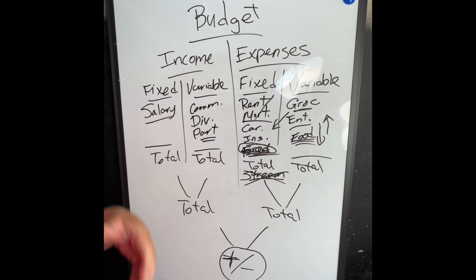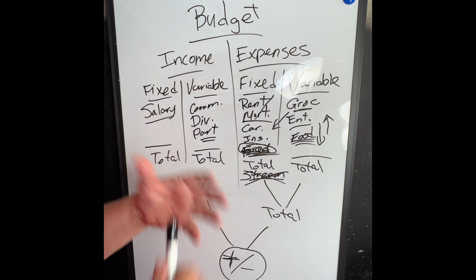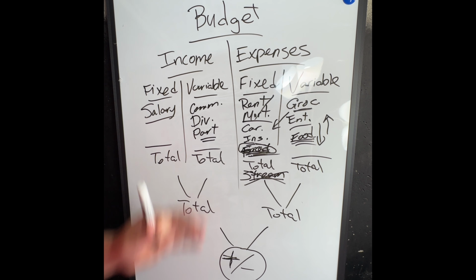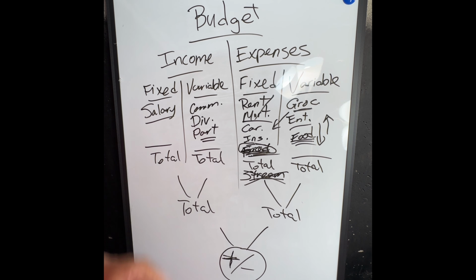So if you have streaming and you have different apps on your phone that you're not using, you want to get rid of those things, and they're not going to change how you're living your life because you're not using them anyway. That is an important aspect of budgeting, and it's super easy to do. And it's just a matter of making these categories so we can start identifying how our money is being spent.